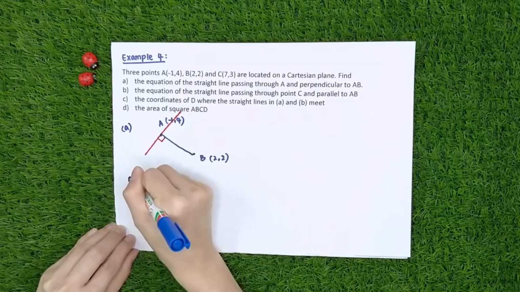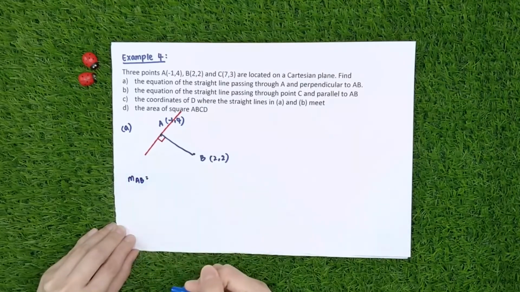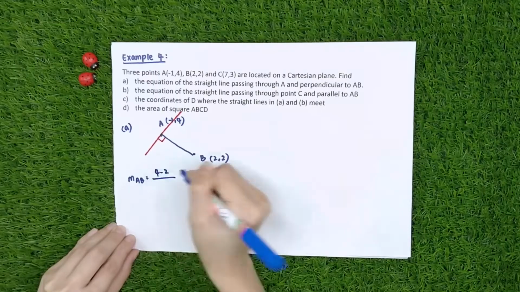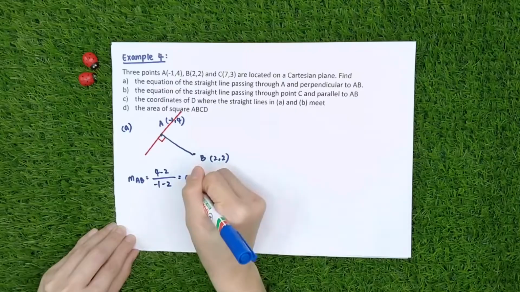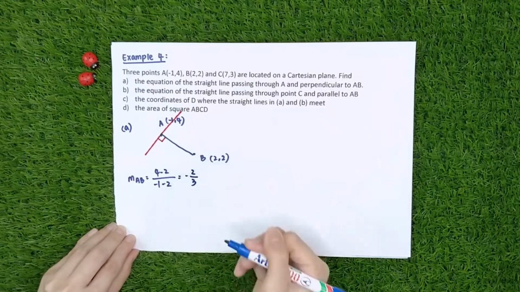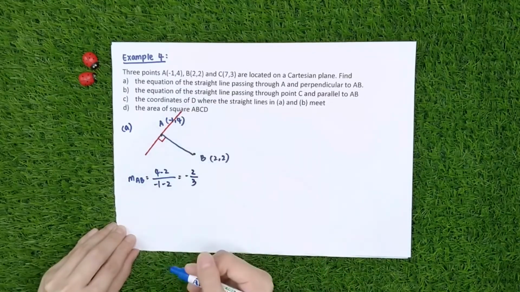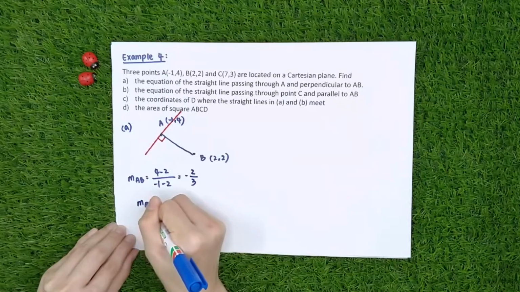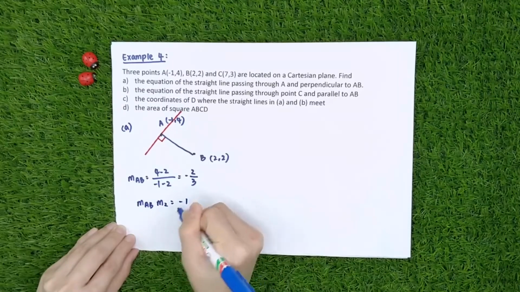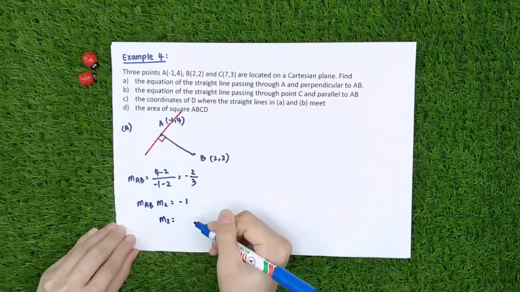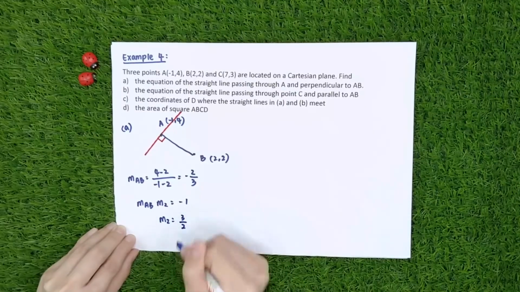The gradient of AB is equal to 4 minus 2 over -1 minus 2. I can get my answer is -2 over 3. Gradient of AB times the second gradient is equal to -1. The second gradient is equal to 3 over 2.